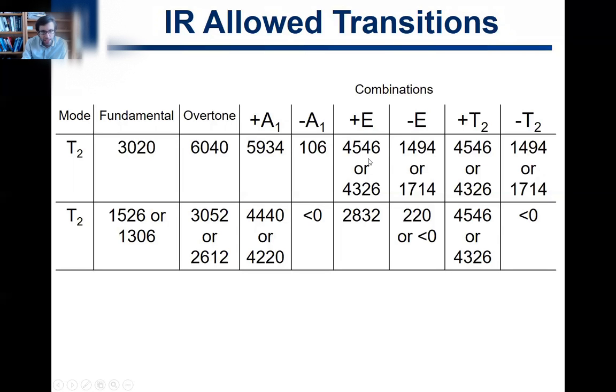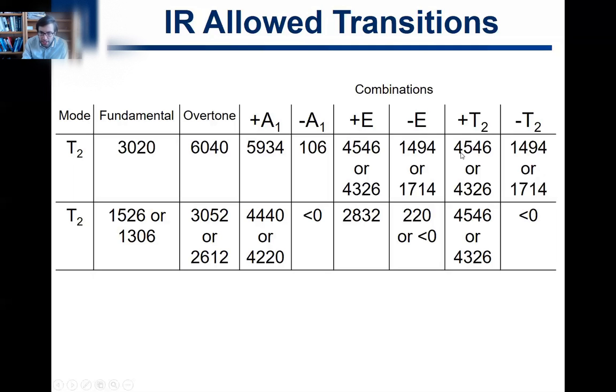Now plussing with E. Okay, well, we don't know what E is, right? We said that it's either 1526 or 1306, and one of those is T2 as well. So we can add 1526 to 3020 to get one possibility, or add 1306 to get the other possibility, 4326. Same thing with subtracting. We're going to subtract 1526 or subtract 1306 from 3020.